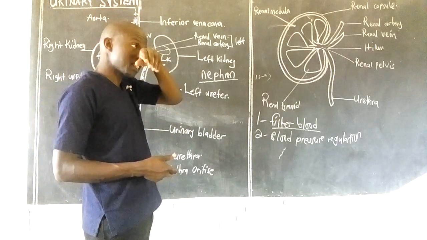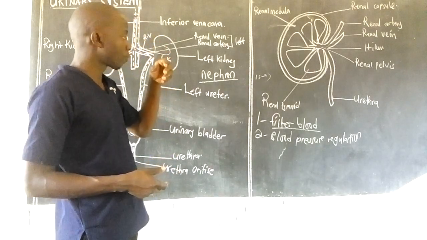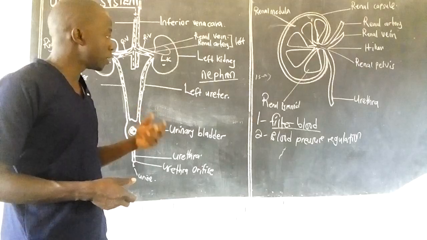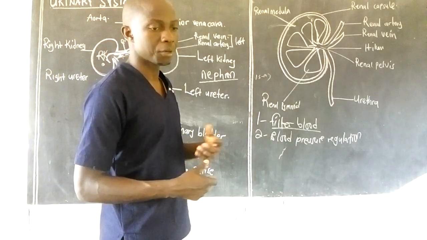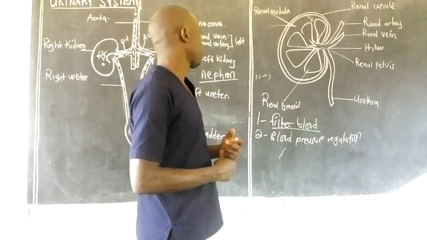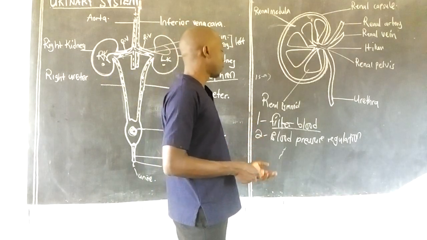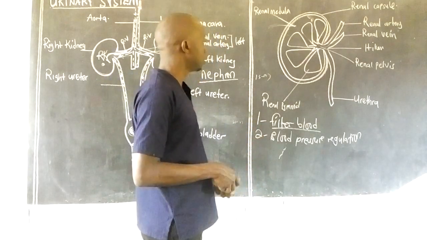So the RAS activated by the release of renin helps to regulate blood pressure. That is the second function of the kidney.